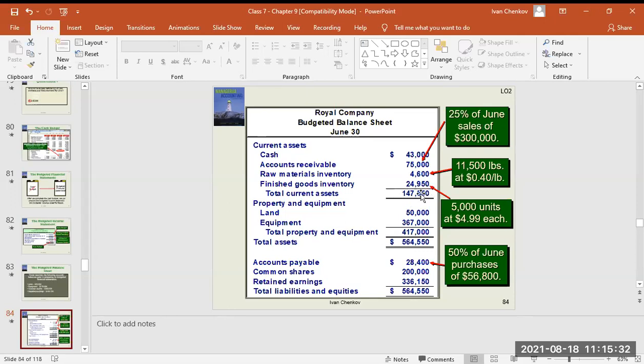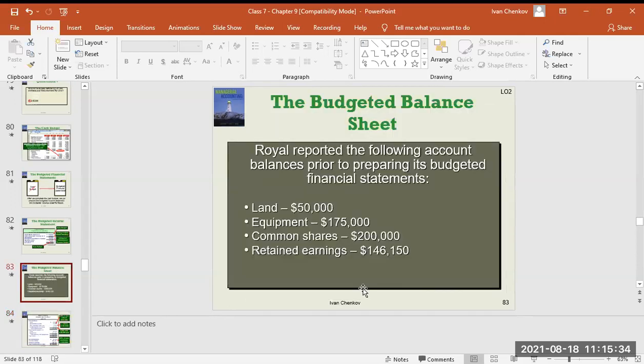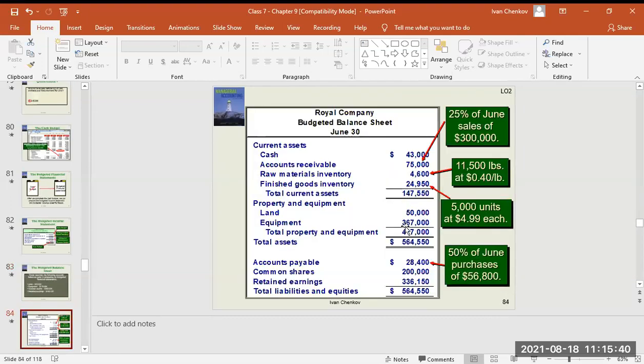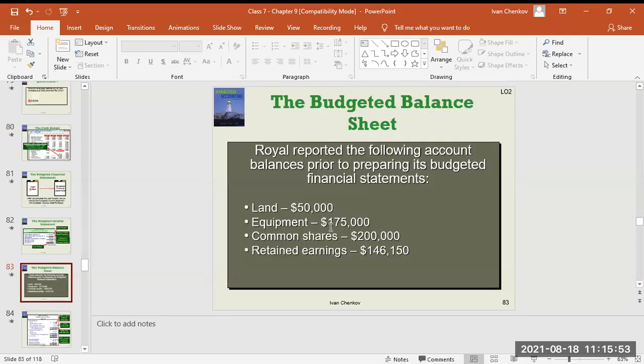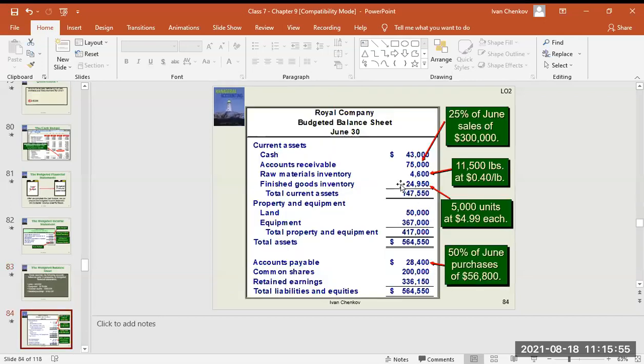I have the total current assets. From the information, I have land for 50,000, equipment 175. However, if you remember here, I purchased another 2 equipment for the total of 192,000. 192 plus 175, that gives me exactly 367 in equipment. And I get my total assets.